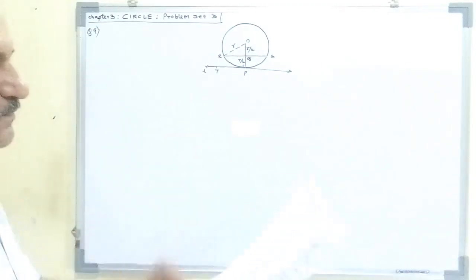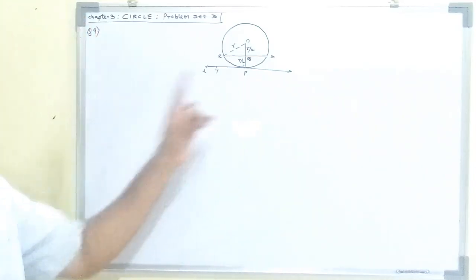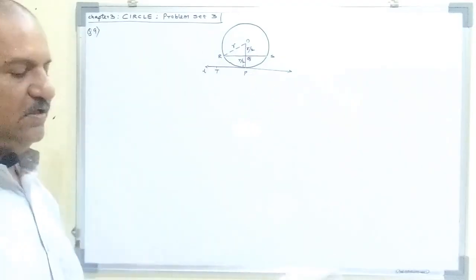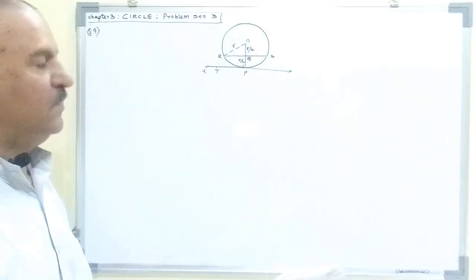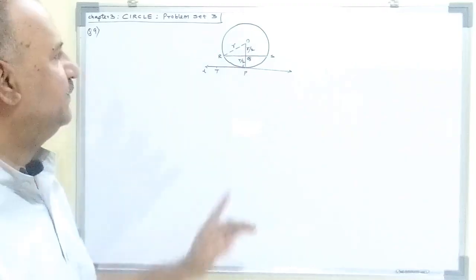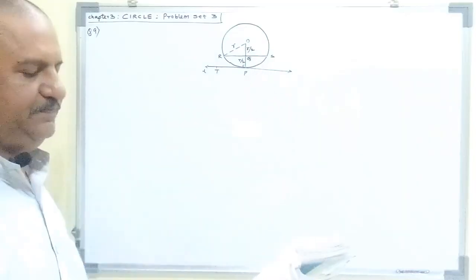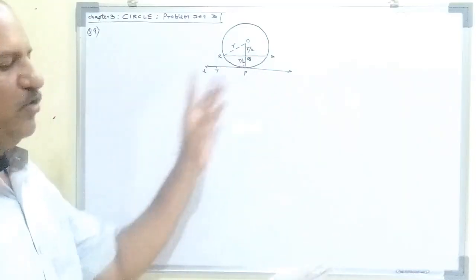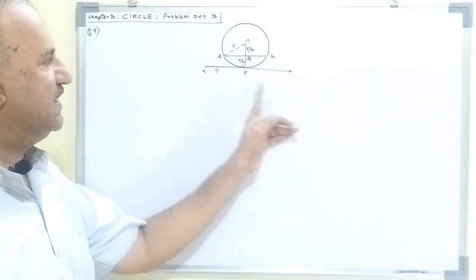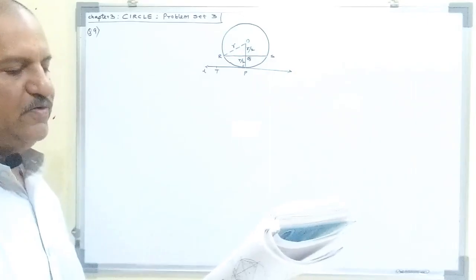Look at this figure. Line L touches the circle at point P. O is the center of the circle. Q is the midpoint of radius OP. RS is a chord which passes through point Q such that RS and this line L are parallel to each other.